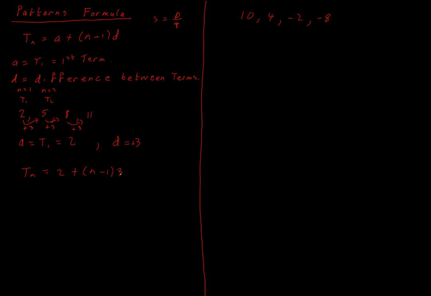Now I know if I have a number sitting next to a bracket, it means multiply. But I haven't come across this business before where I have a letter that I have to do anything with. So this is algebra. What we're about to do right now is the beginnings of our work in algebra.